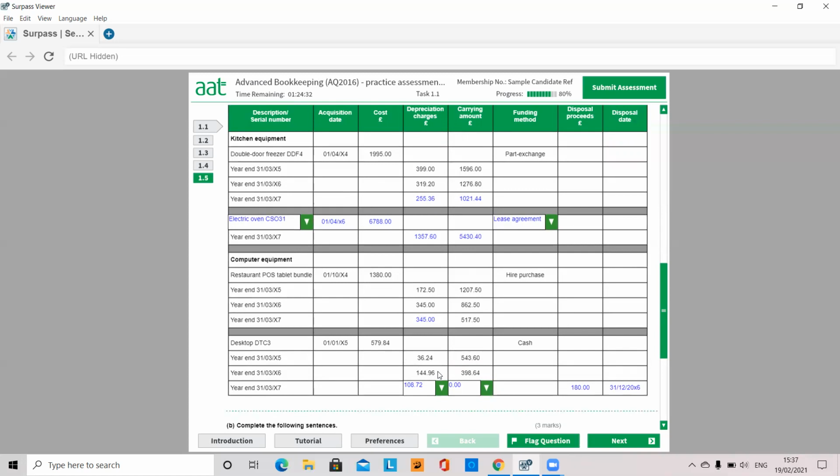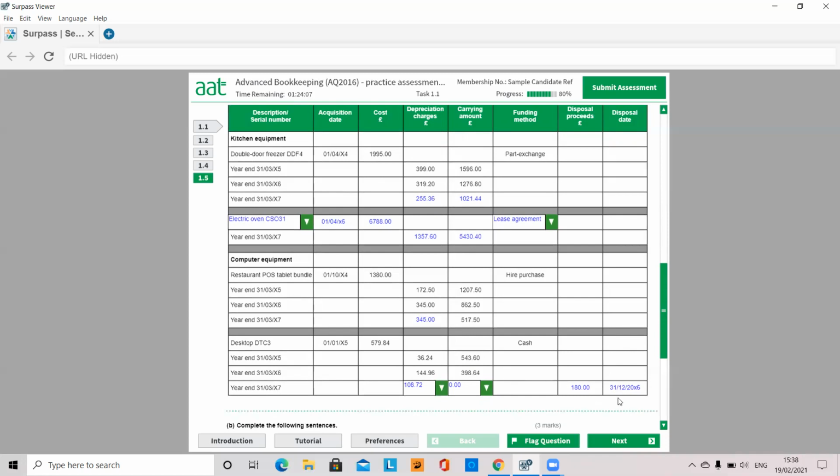In 2006, full year's depreciation, so 579.84 divided by 4, 144.96. So therefore the depreciation charge in the year is that full amount. Take that off the carrying amount from the previous year, gives us 398.64. So now we need to work out the depreciation charge when we sold it.